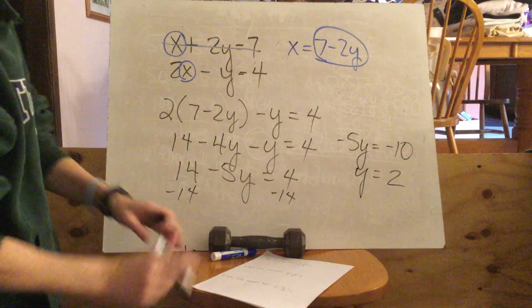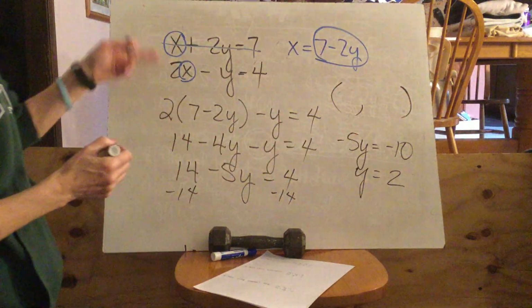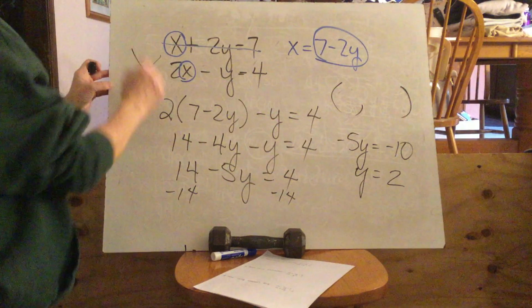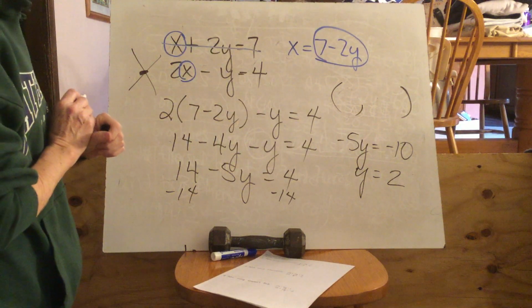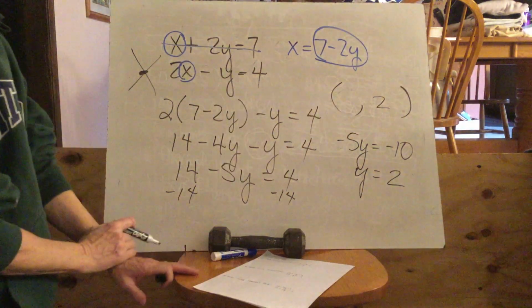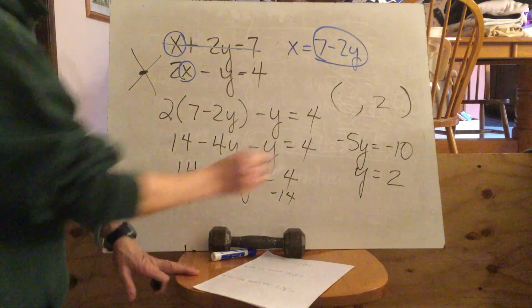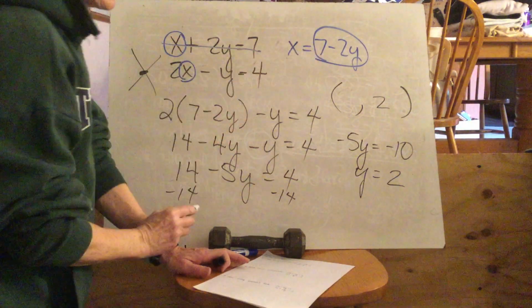We keep talking about this. You are not done. Your job when you are solving a system of equations is to find the point where the two lines intersect. And we now know that that point has a y coordinate of 2. So we'll take that 2 and we'll plug it back in somewhere. I like to plug it in here.